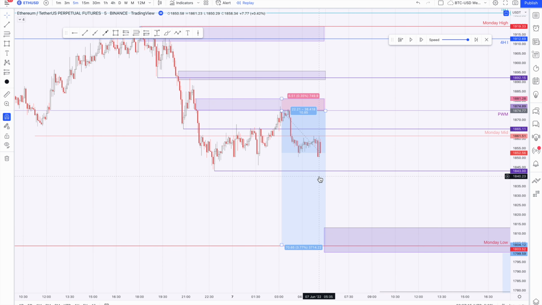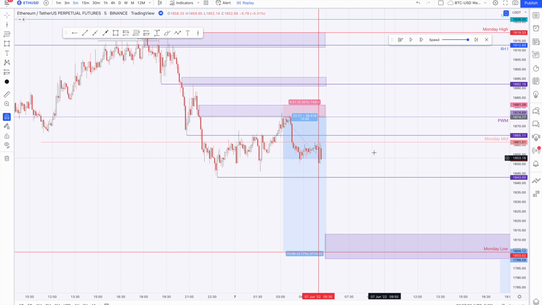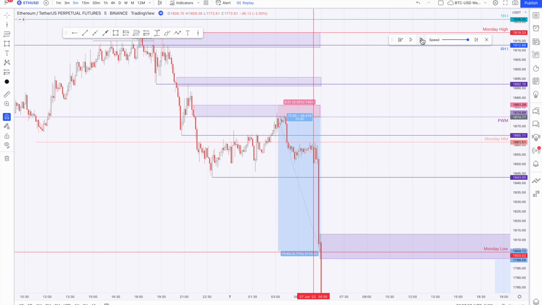The time is 5:30, right? So this is where the Monday high, Monday low, and the Monday mid develop. All right, so now we have the Monday mid right here. As you can see, this is acting as resistance for the price.